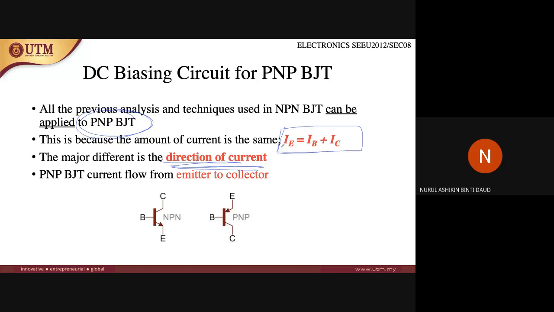So when they say the transistor configuration is PNP, don't say that you don't know. The only difference is the current direction. All the methods of calculation can be used. The PNP BJT current flows from the emitter to the collector and base, but for NPN, the current flows from the base to the collector and emitter.